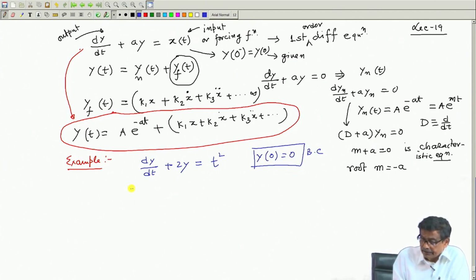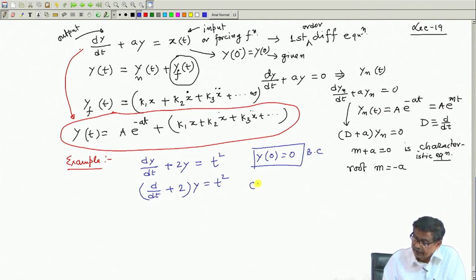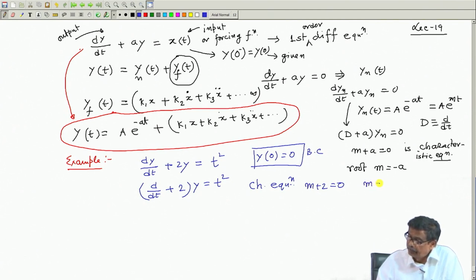So, the steps will be like this: d dt you replace by m. So, this equation is D plus 2 into y is equal to t square. Now, the characteristic equation will be m plus 2 is equal to 0, so the root is m equal to minus 2.